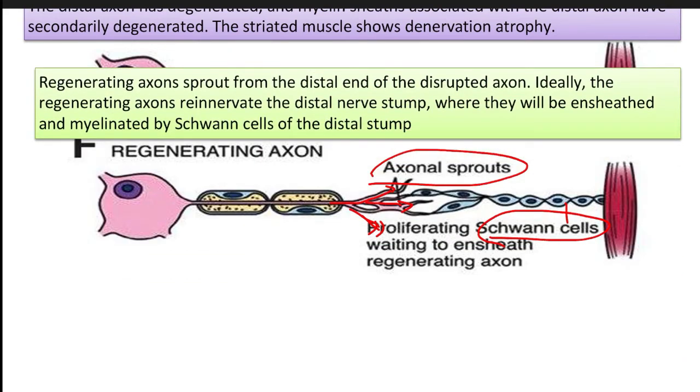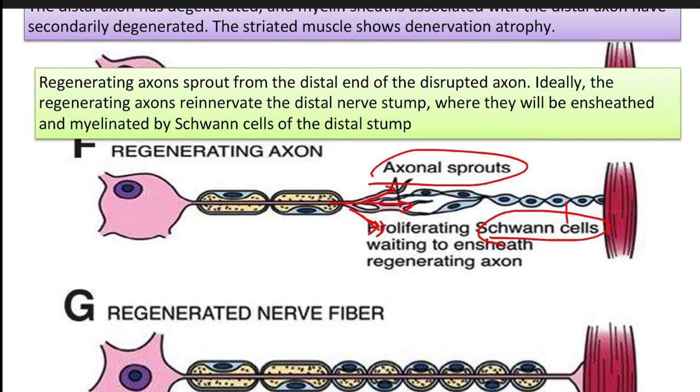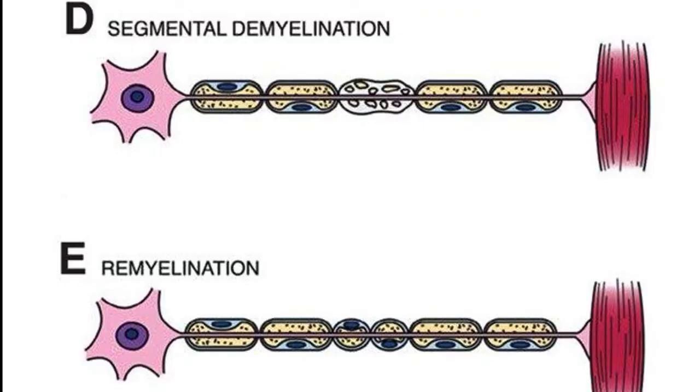Secondarily, it will try to innervate the muscle, and finally there is regeneration of the nerve fibers. The important thing is that here you can see the length is shorter, and the thickness has again decreased, so it becomes thin and short in length. That is the main problem with the regeneration of axon injuries.